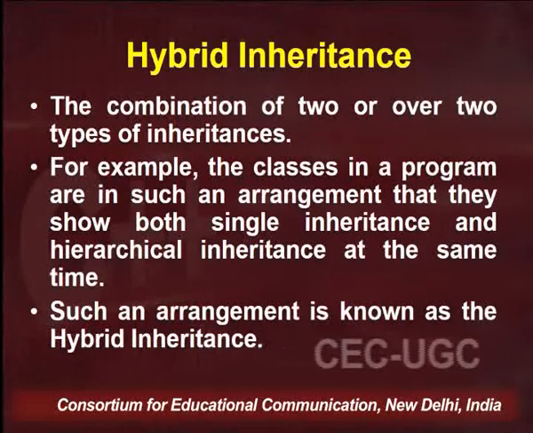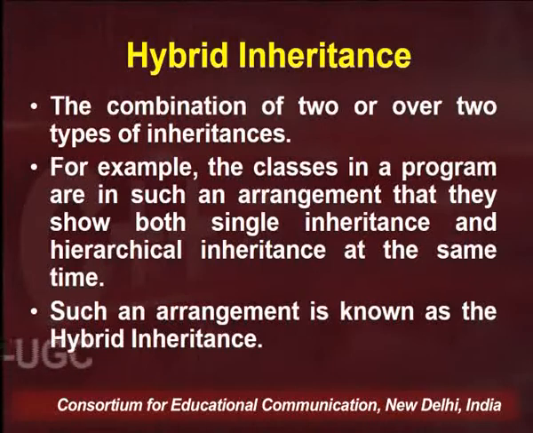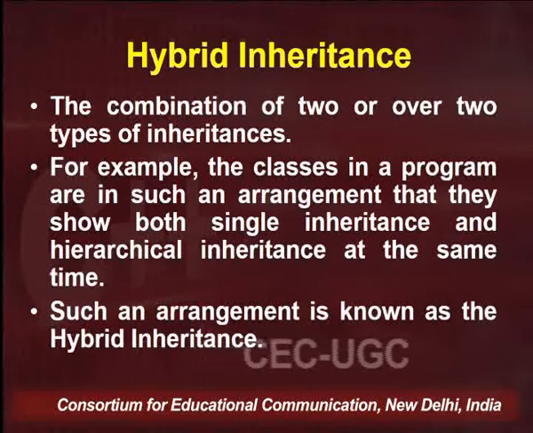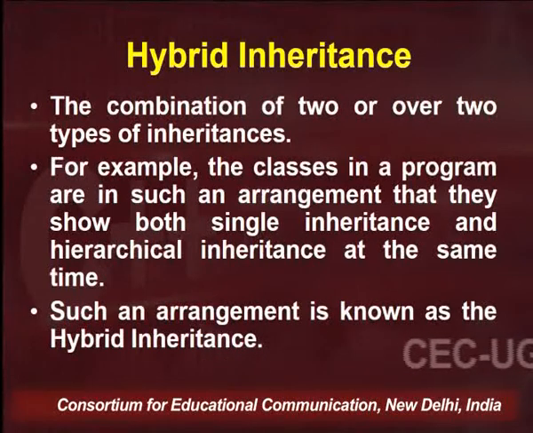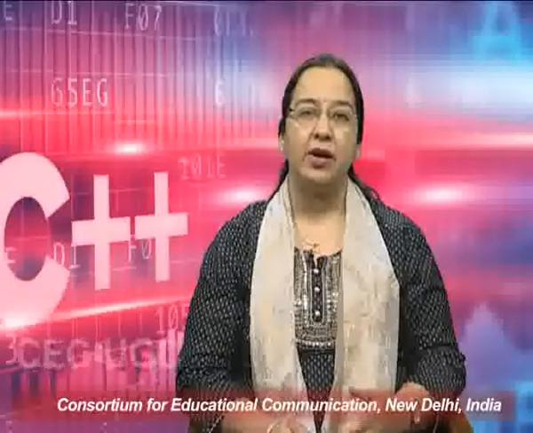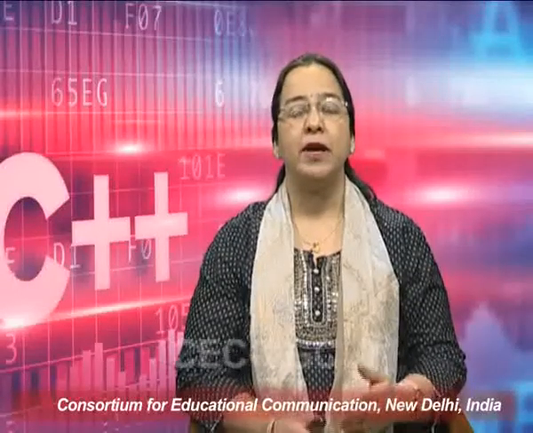One could be single inheritance or multiple inheritance, and at the same time hierarchical inheritance is also taking place. Such an arrangement is known as hybrid inheritance, which is basically a combination of two types of inheritance.